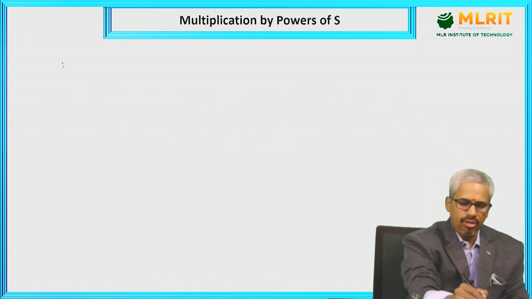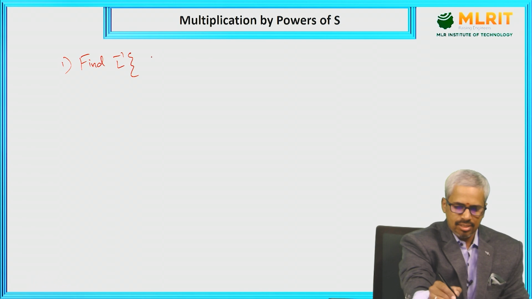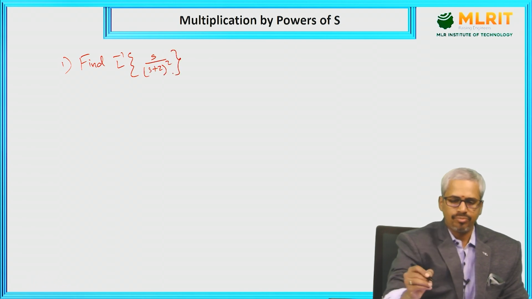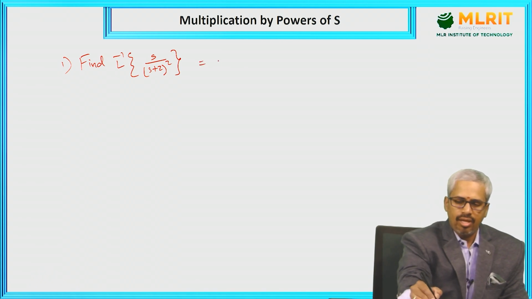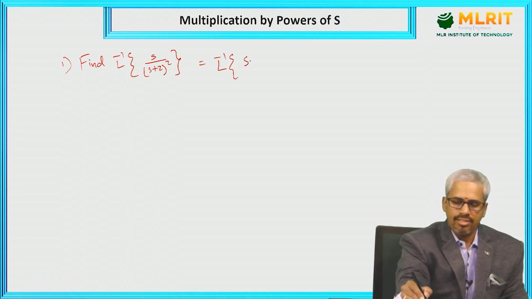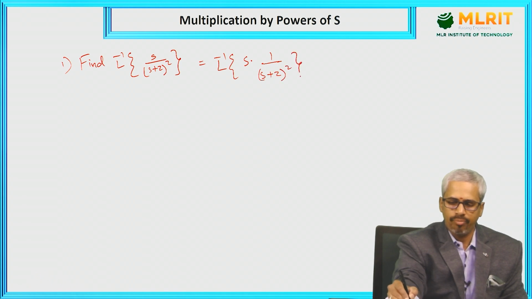First one, find L inverse of s upon s plus 2 whole square. We can write this as L inverse of s into 1 by s plus 2 whole square, isn't it?